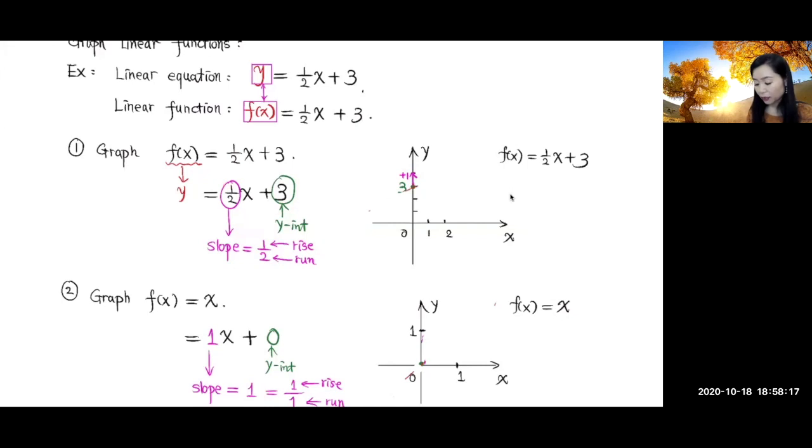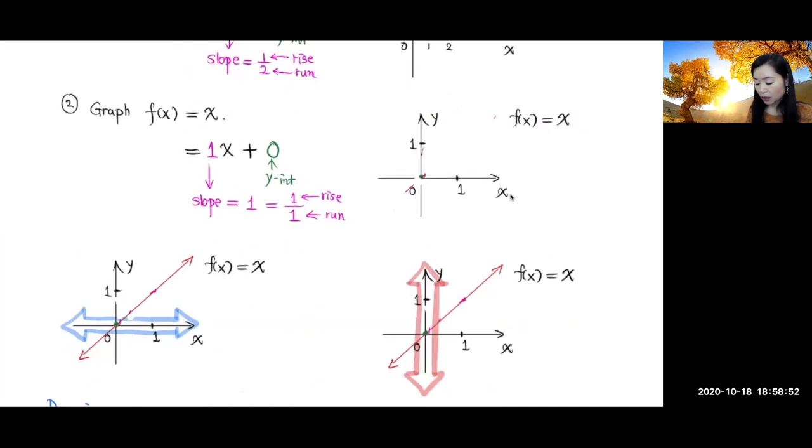The slope here is 1/2, so starting from 3 on the y-axis, we go up 1 and run to the right 2 to get another point. Now you can draw a straight line that goes through these 2 points. Then this is the graph for this linear function. So think about this f of x just as a y.